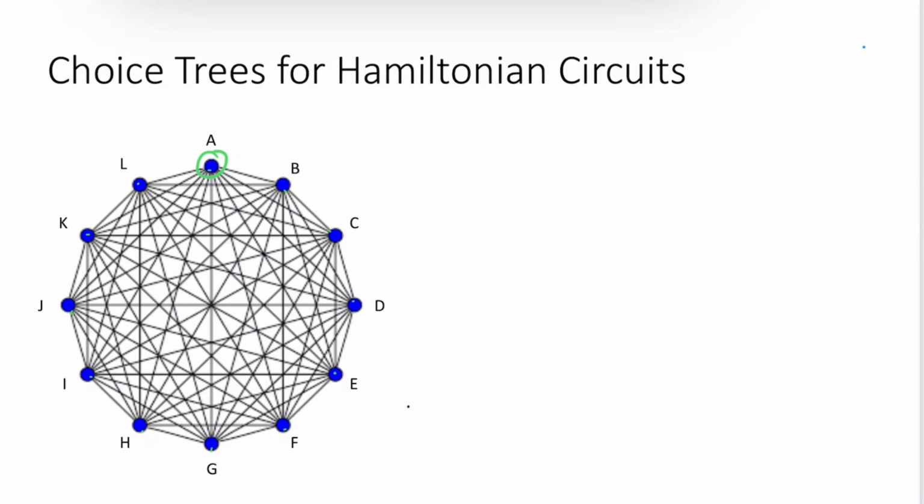So you would have 11 choices, and then after you choose one of the vertices to go to, the number of things that would branch off of that vertex would be 10 choices, because you can't go back to vertex A yet, and so you have 10 other options of where you can go. And so that would create 10 times more branches.